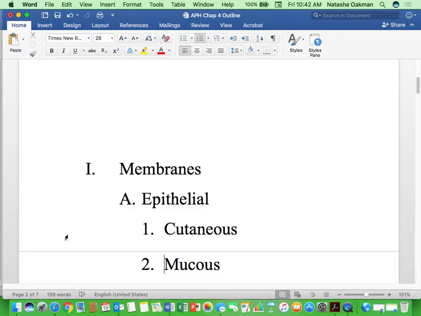I'm seeing some furrowed brows about what that means. What that means is things like your digestive system. Technically your digestive system is exposed to the outside because you bring things in and you put things out. It's not outside the body, it's inside the body, but it's exposed to the outside. Same thing with the respiratory system. So the lining of those systems.